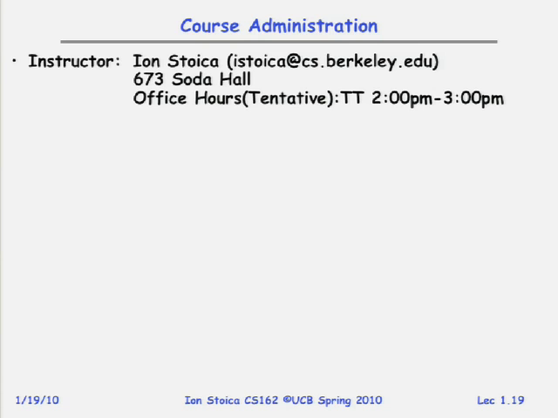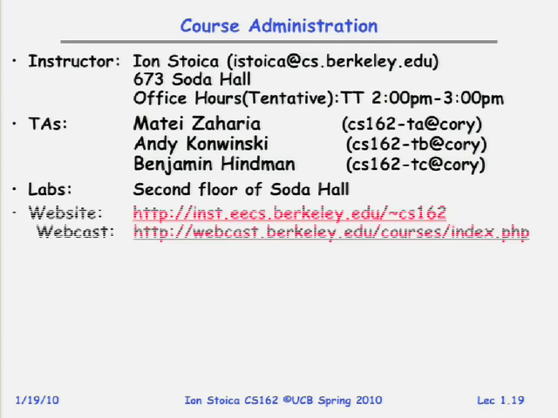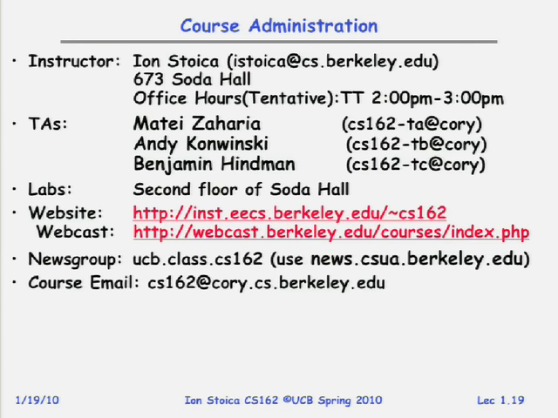As I said, my name is Ion Stoica. The tentative office hours are Tuesday, Thursday from 2 to 3 p.m. And your TAs, if you can stand up, are Matei, Andy, and Ben.